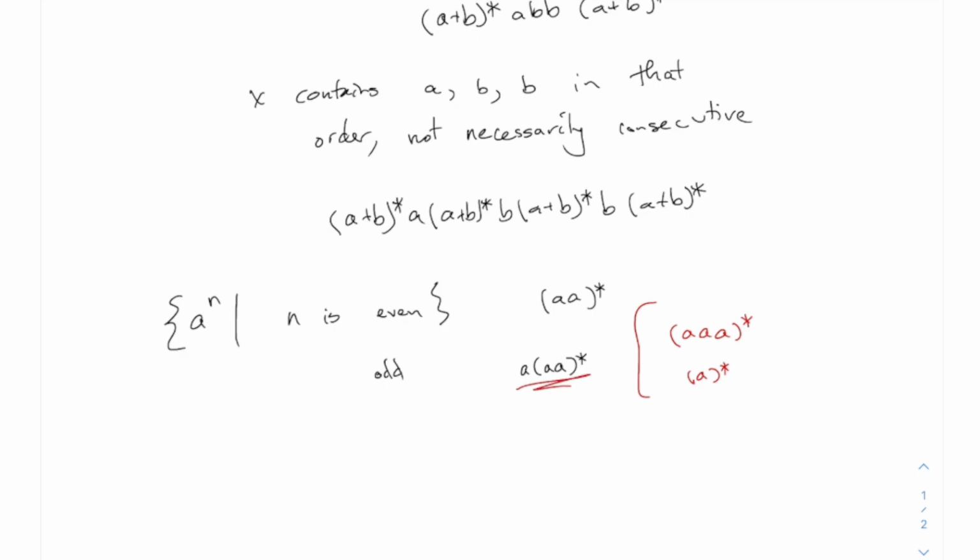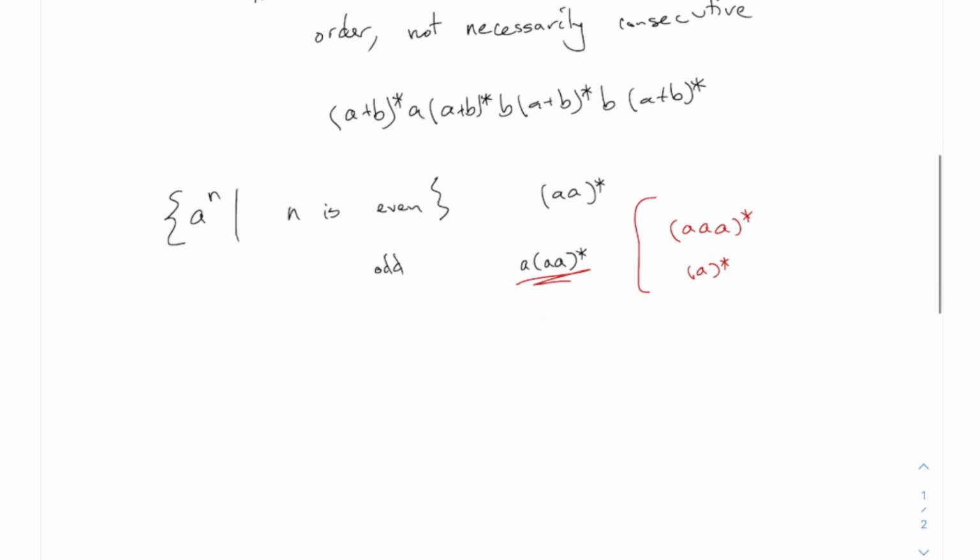All right, how about this? How about all x in (a plus b) star, let's say? x is a string of a's and b's, where the length of x is even. So it could be a's and b's, any amount of them, but the total length is even.